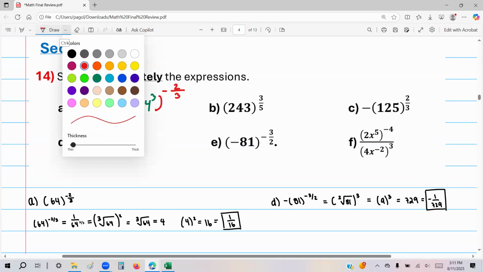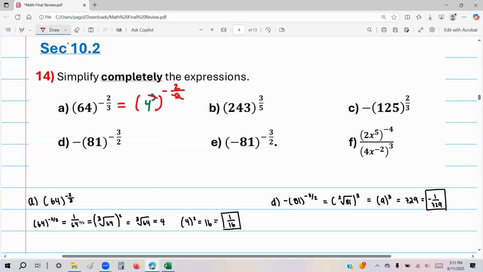As a result, the denominator and the power cancel out. So you're left with 4 to the negative 2. That means our answer is 1 over 4 to the positive 2. So it's 1 over 16. See, the answer is a fraction because we have a negative power.